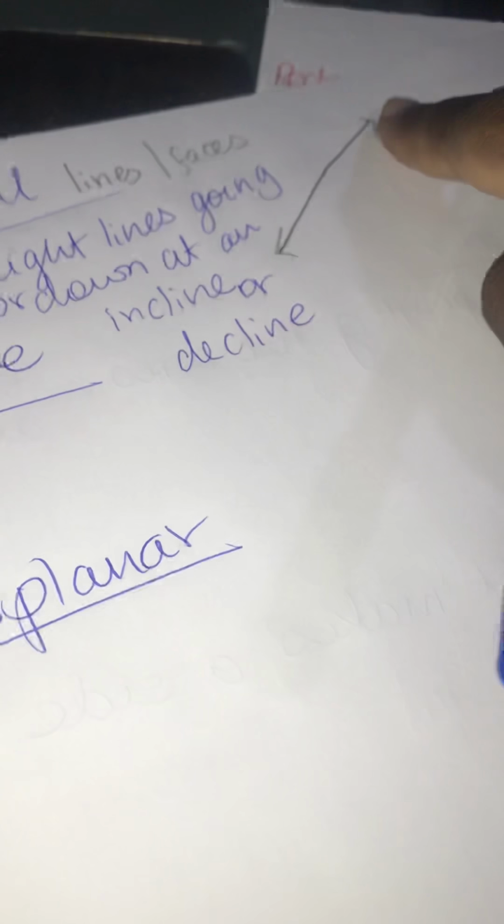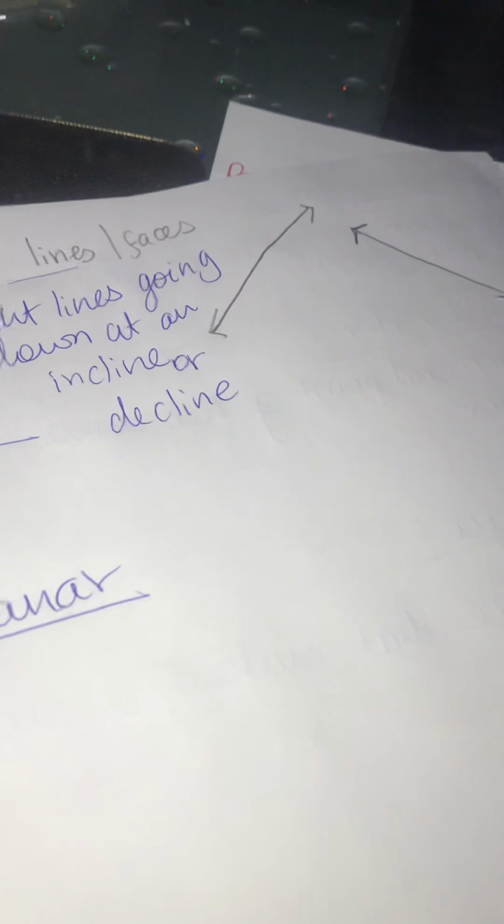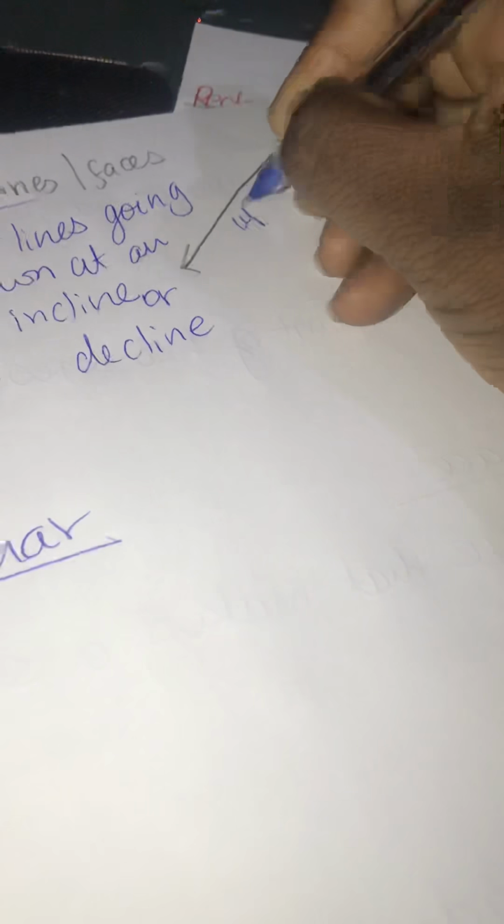So if it's going up, it's inclining. If it's going down, it's declining. Okay? This one is going up because it's going this way. And this one is going down because it's going this way.